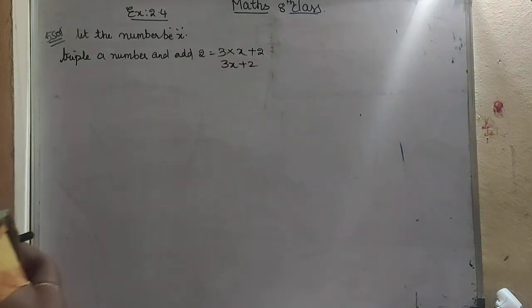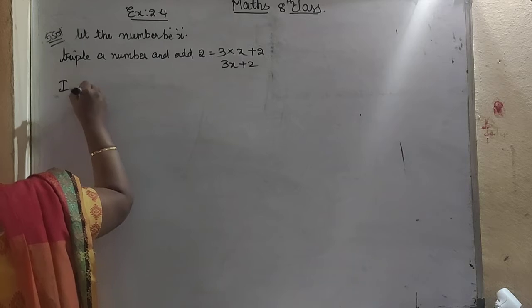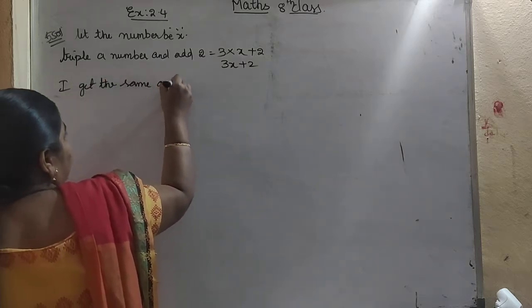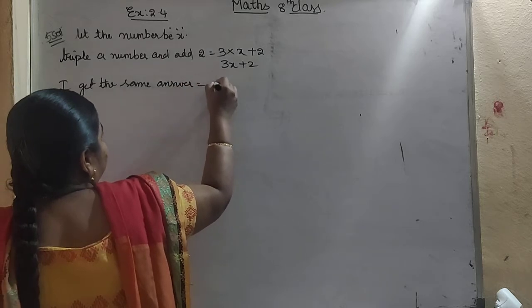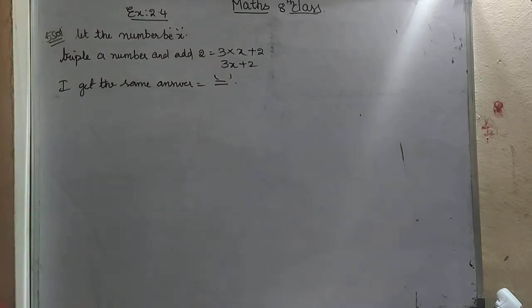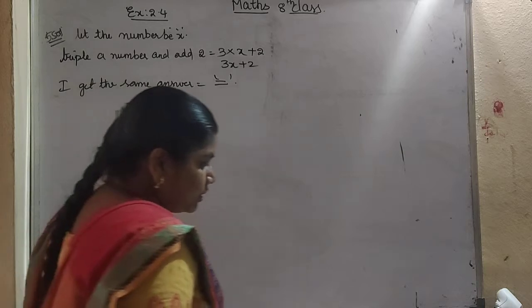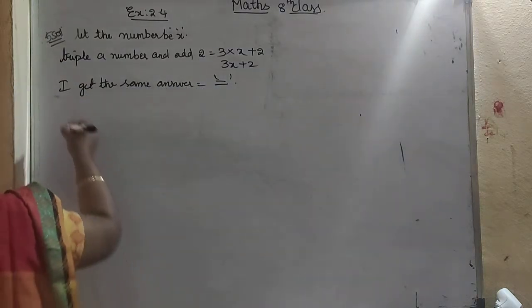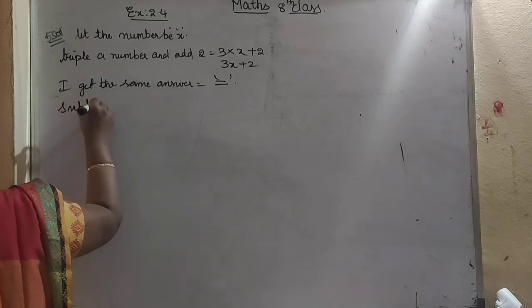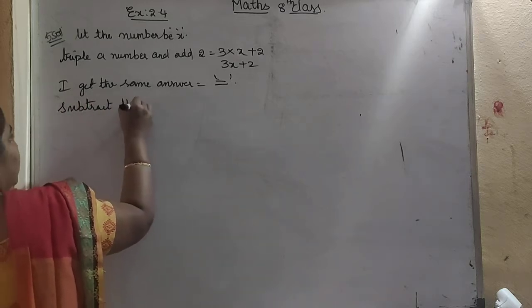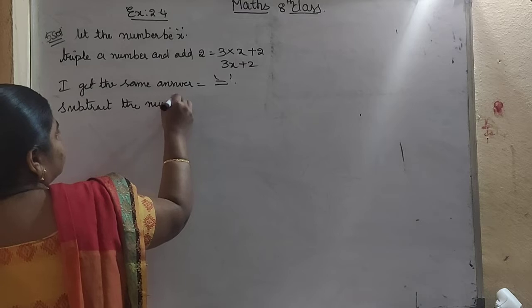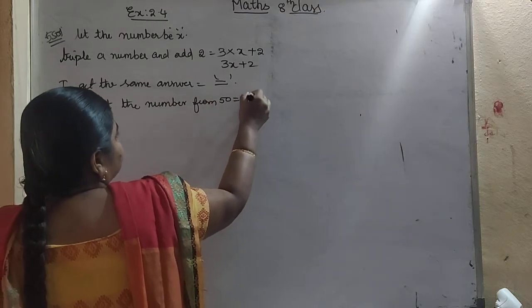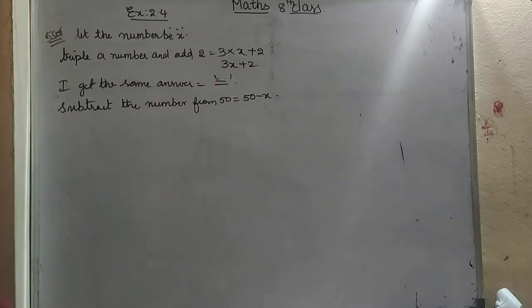I get the same answer, which is nothing but the equal to sign. And I subtract the number from 50, so that will be 50 minus x.